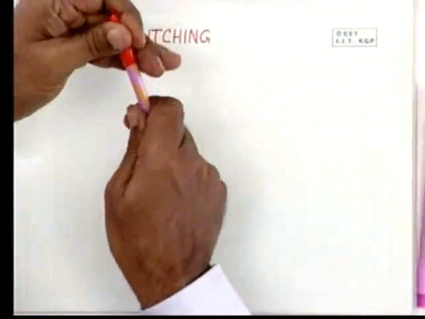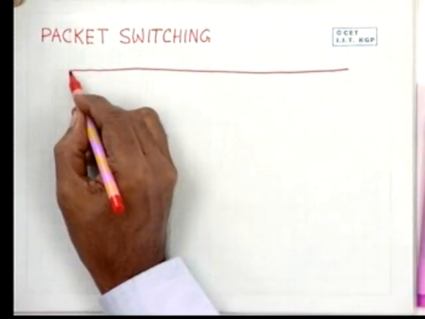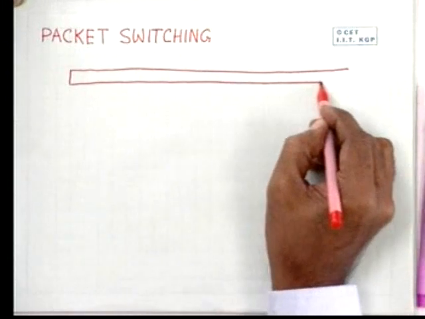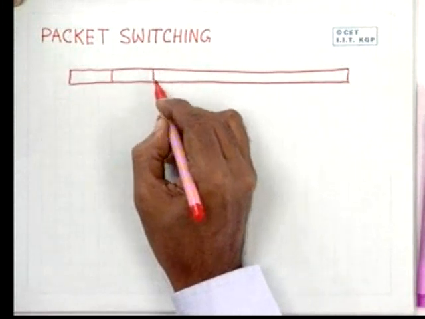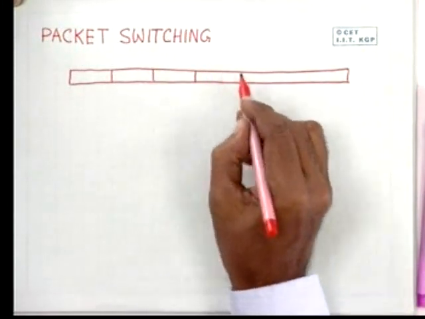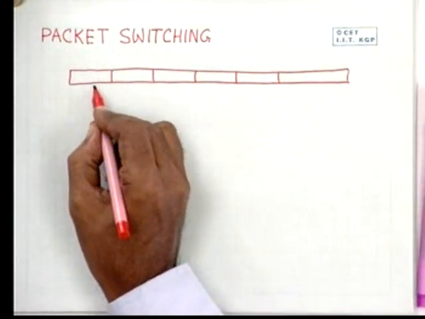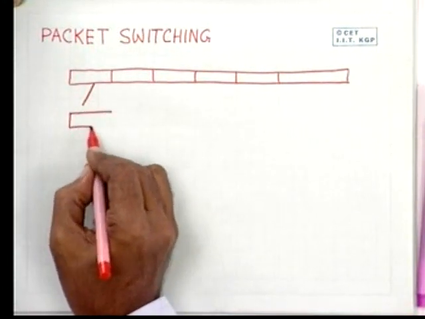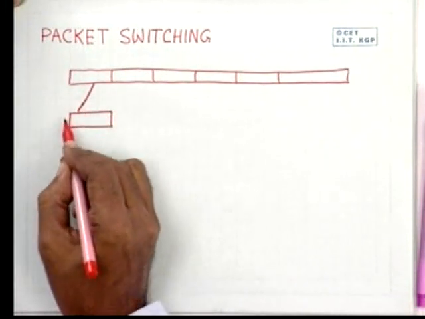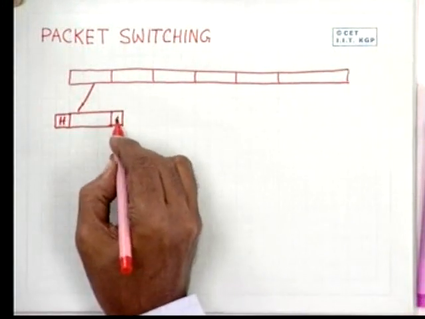Let's now consider packet switching. We have a message to be sent. It can be a long message. What we do, we break it up into small packets of some maximum size, and each of these packets is provided with some metadata, header and trailer.